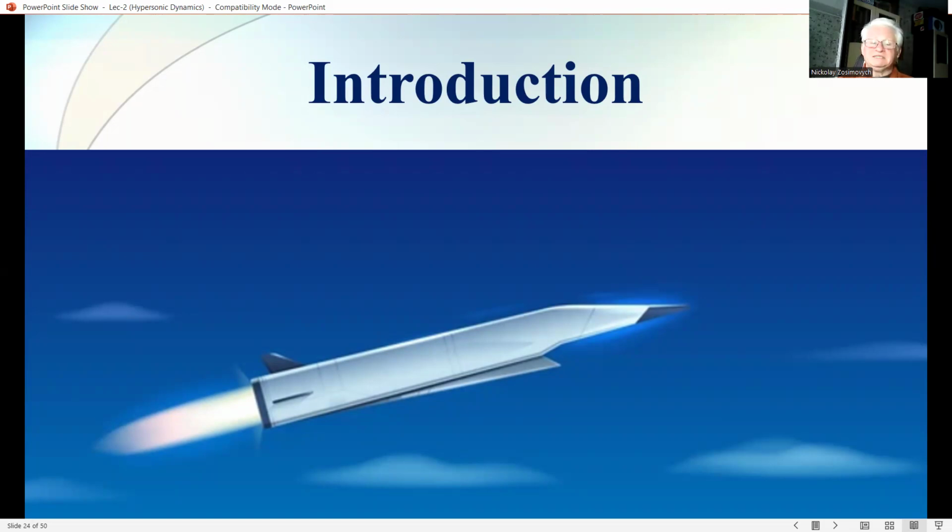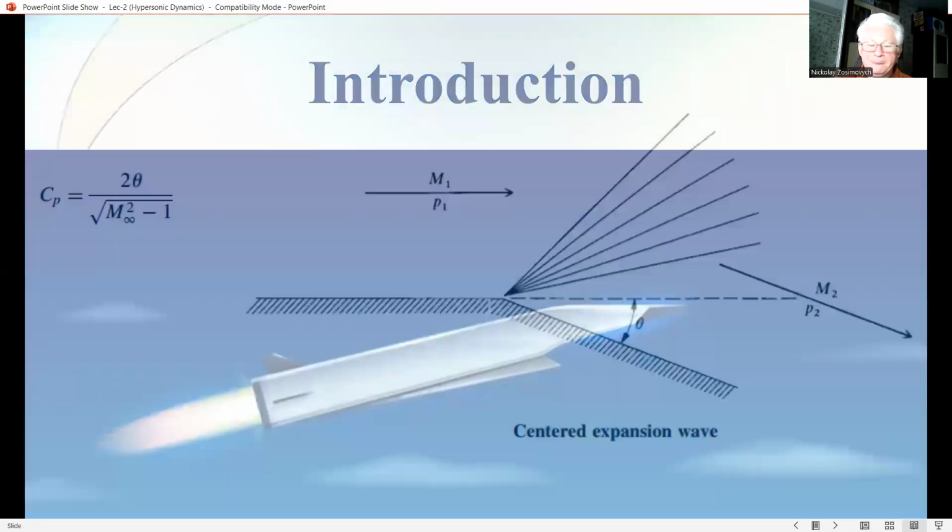Even without this consideration, the basic theory of inviscid compressible flow, when the Mach number becomes large, does not yield aerodynamic theories that are mathematically linear.